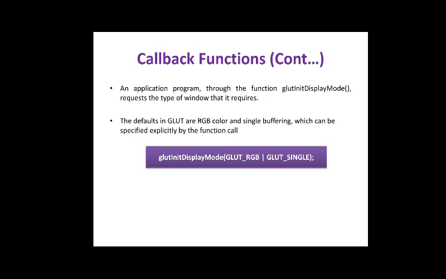You have to mention here the OR, representing that either you can use RGB or you can use single. GLUT supports two options, single buffering or RGB color display mode. So, this is the display mode for your color values, whether it is RGB or single buffering.